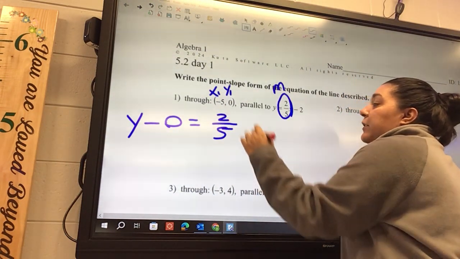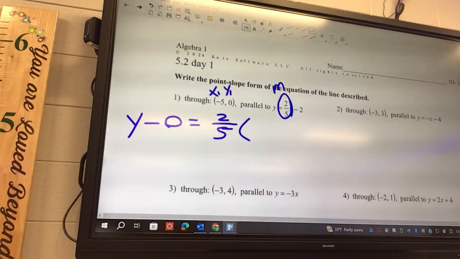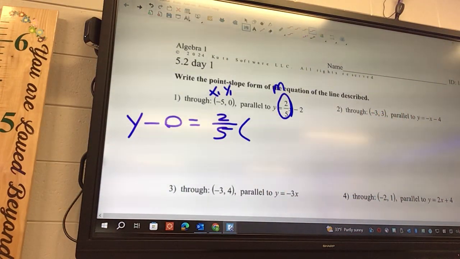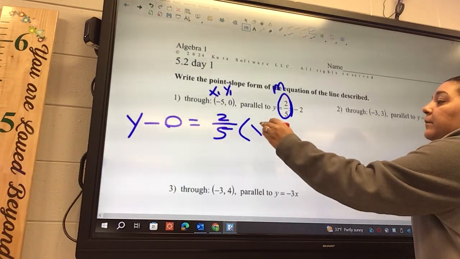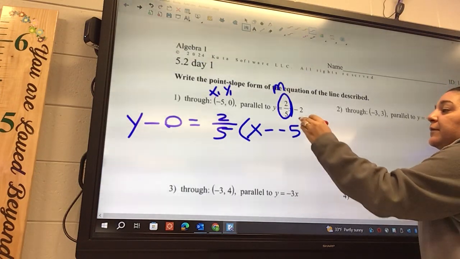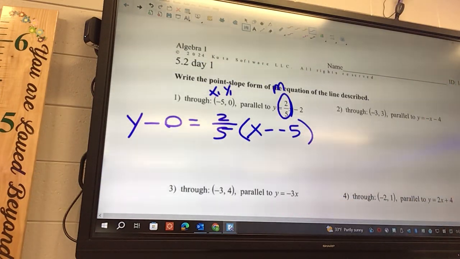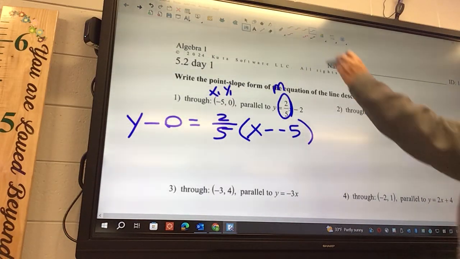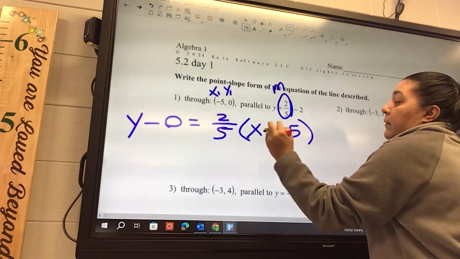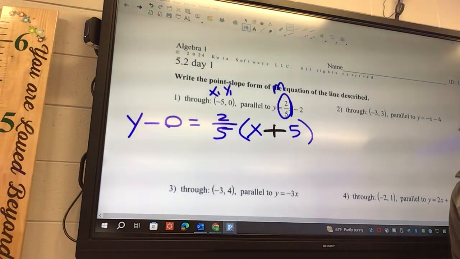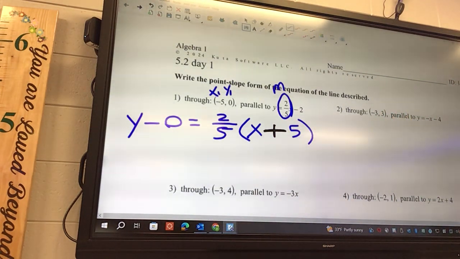It was 2/5, so it's going to stay 2/5. x minus, what is my x1? -5. And again, if I have a minus, what needs to happen? We need to make these a positive. And that's it, right on point slope.